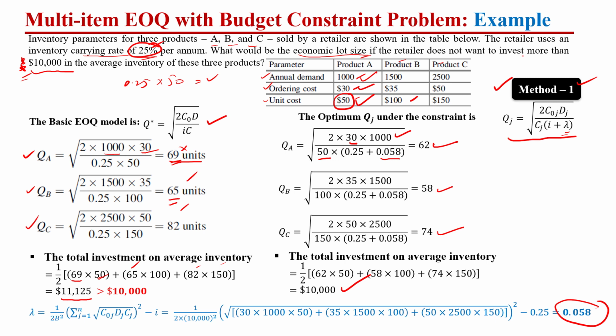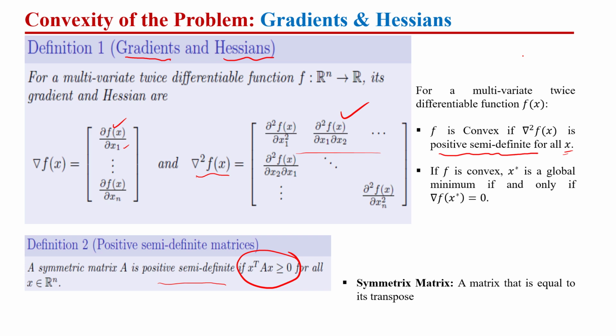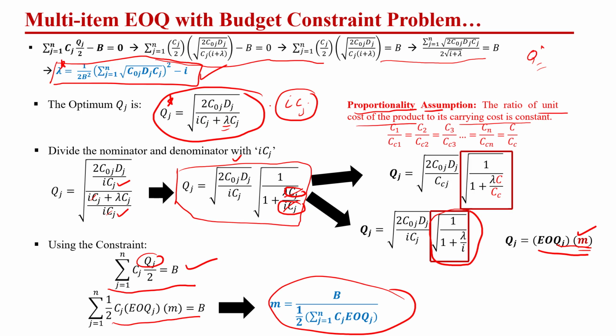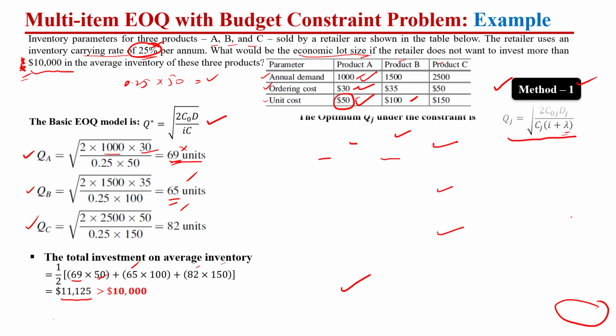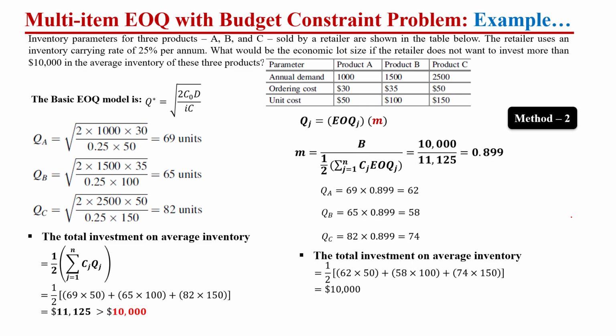The second approach is, let's say we are not computing the value of lambda using this formula. We have already computed the value of Qj, and then we are going to use this M approach. That is method number two, in order to find out the optimum order quantity. So how can you do that?